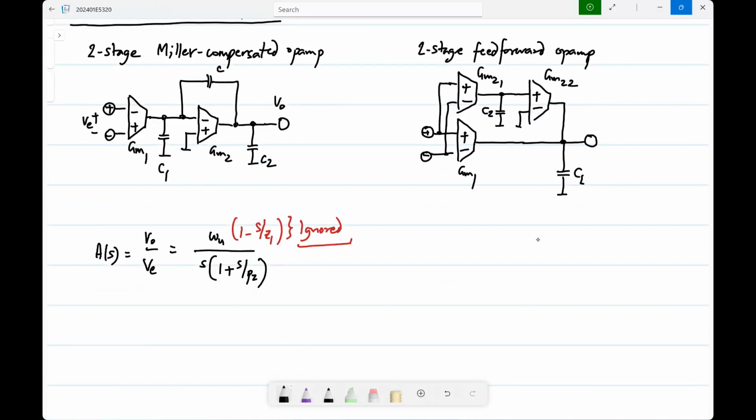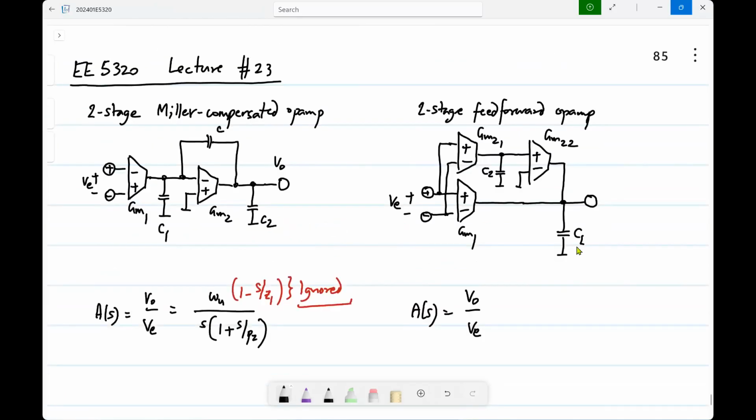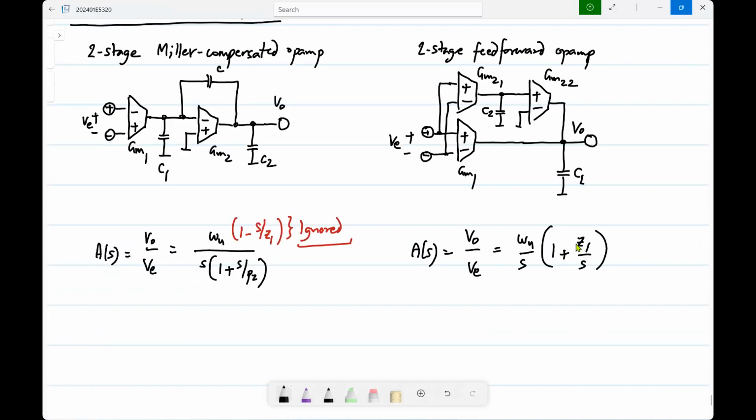So in this case, the op-amp's transfer function will be of the form, what is it? Omega u by s, 1 plus s by Z1, okay, which can also be written as omega u Z1 by s square, 1 plus s by Z1, okay.